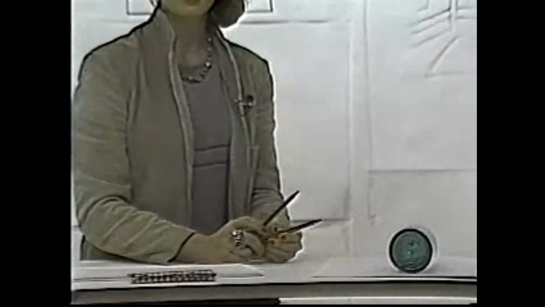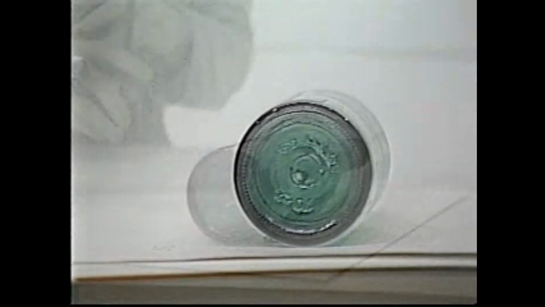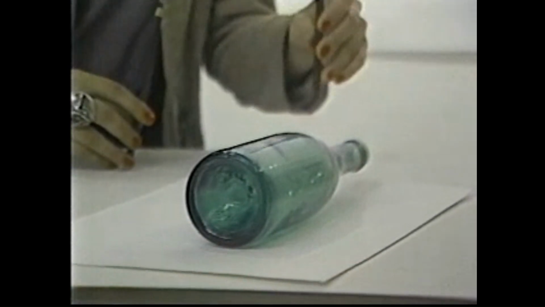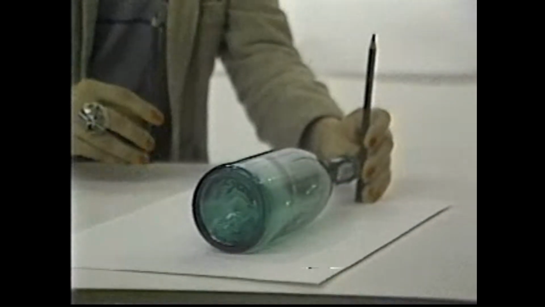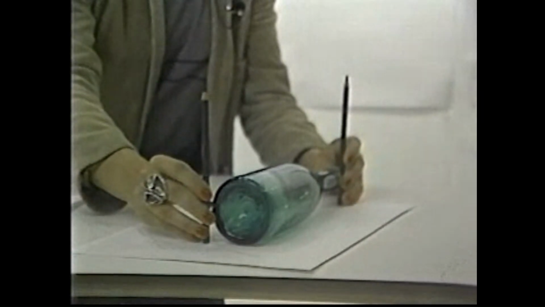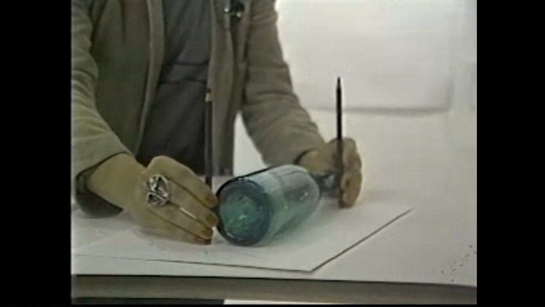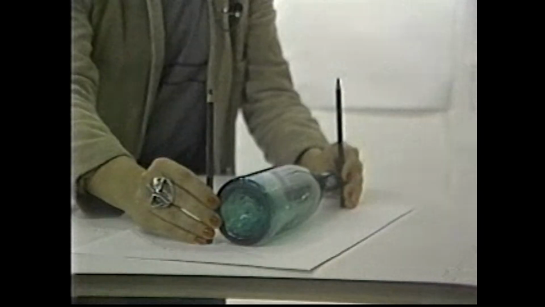Here you see a circle. It's a circle from a cylinder, from a bottle. If we look at the bottle, we can see that the distance goes from here to here. Now, what's the distance between the two pencils?